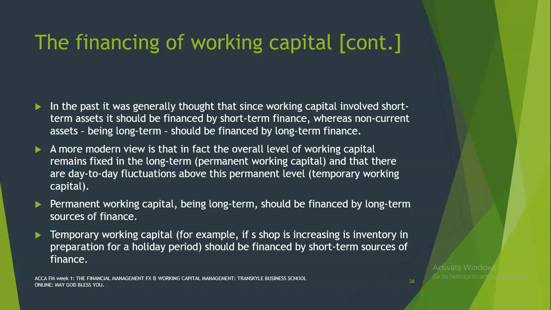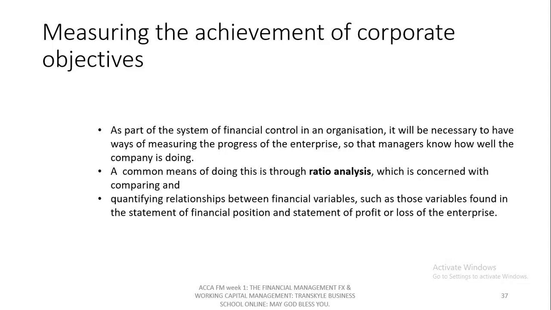Permanent working capital, being long-term, should be financed by long-term sources of finance. Temporary working capital, for example, if a shop is increasing its inventory in preparation for a holiday period, should be financed by short-term sources of finance. Okay, so those are the underlying assumptions.